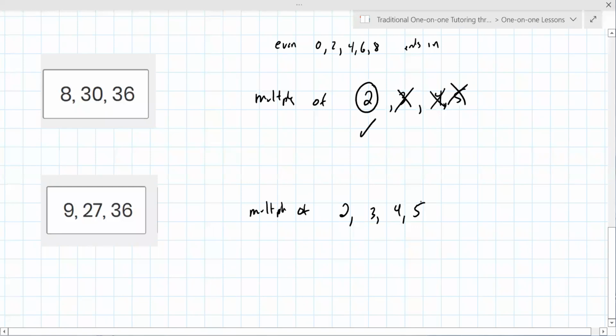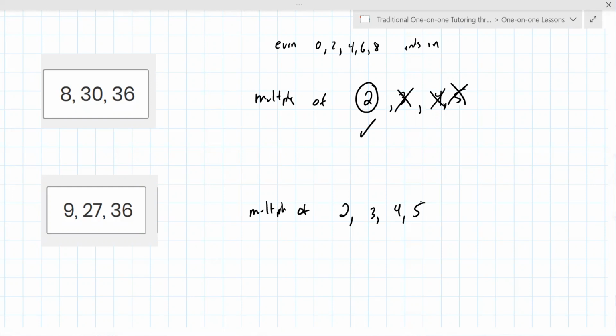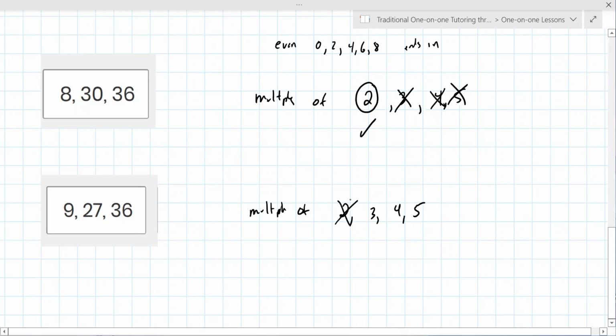Is it a multiple of 2? All the numbers have to be multiples of 2. No, it is not. Which number is not a multiple of 2? The 9. 9 and 27. All right. How about the multiples of 3?